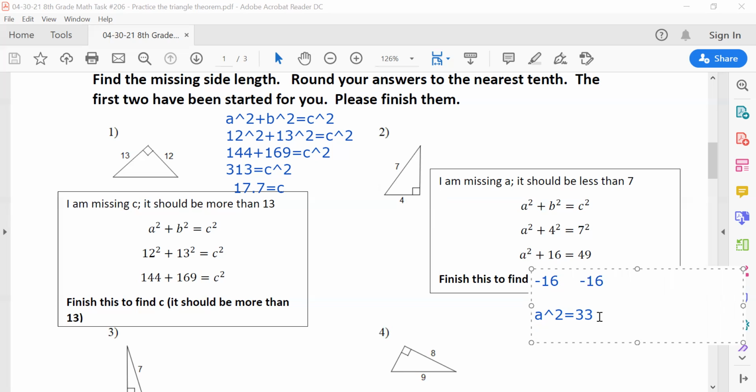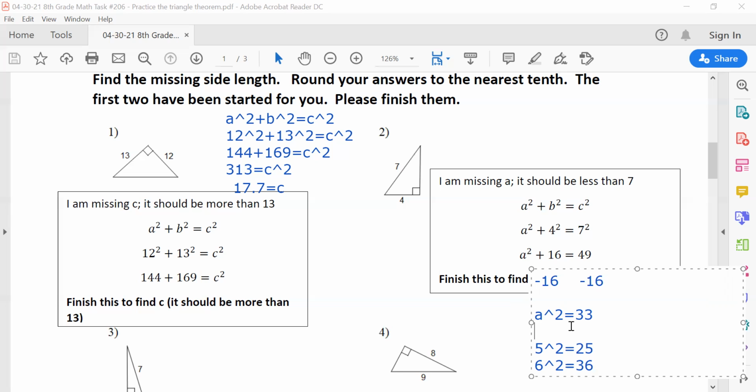Here, I'm not going to use a calculator because I know that 5 squared equals 25. I'm going to use my benchmarks here. I know 6 squared equals 36. So what squared is 33? Well, it's got to be somewhere between 25 and 36, so somewhere between 5 and 6, a little closer to 6.